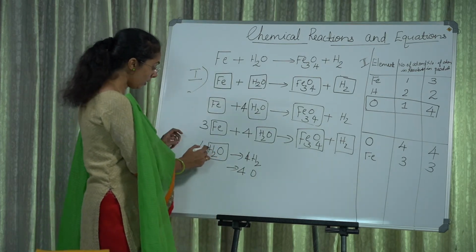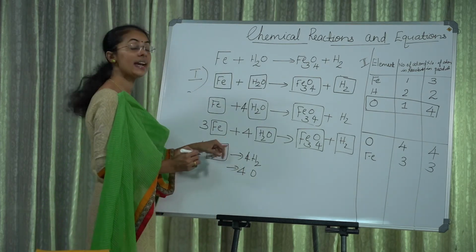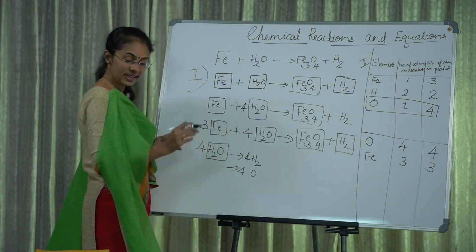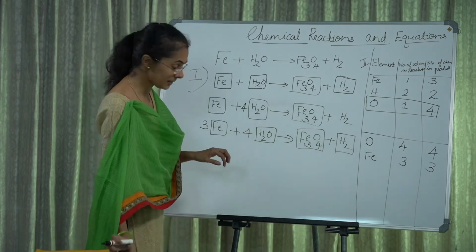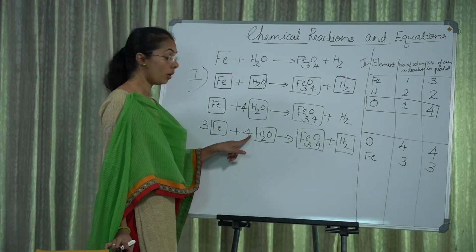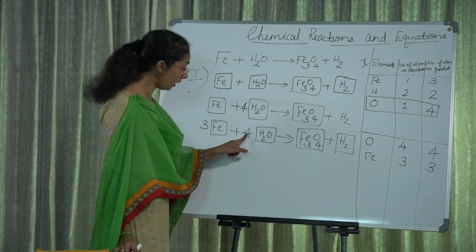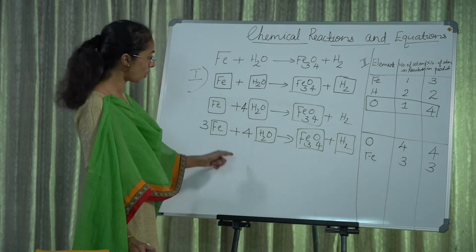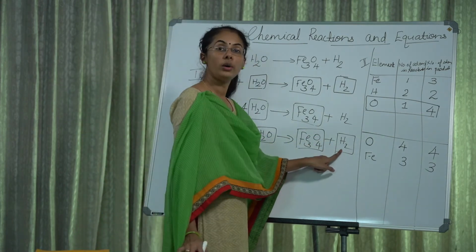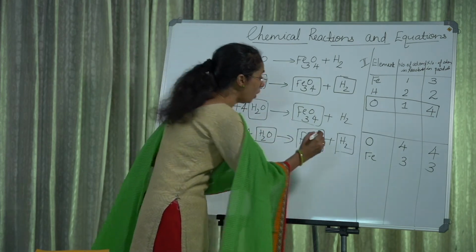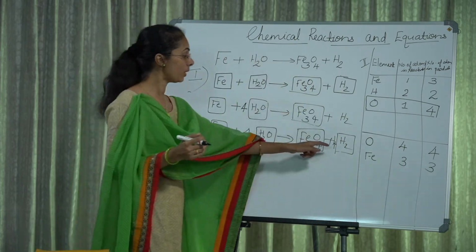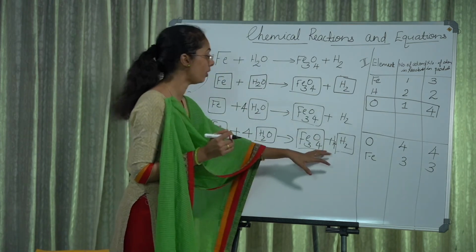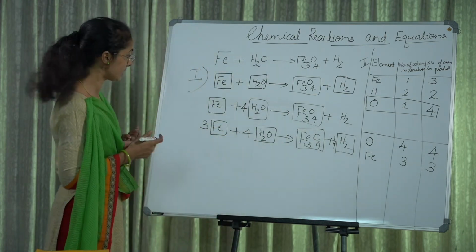Okay. Then 4 H2 means 8 hydrogen atoms. In the case of hydrogen, on the side of reactants, how many hydrogen atoms are here? 8 hydrogen atoms. So here only 2. So we can write 4 on this side. So the number of atoms in the product and number of atoms in the reactants are the same.